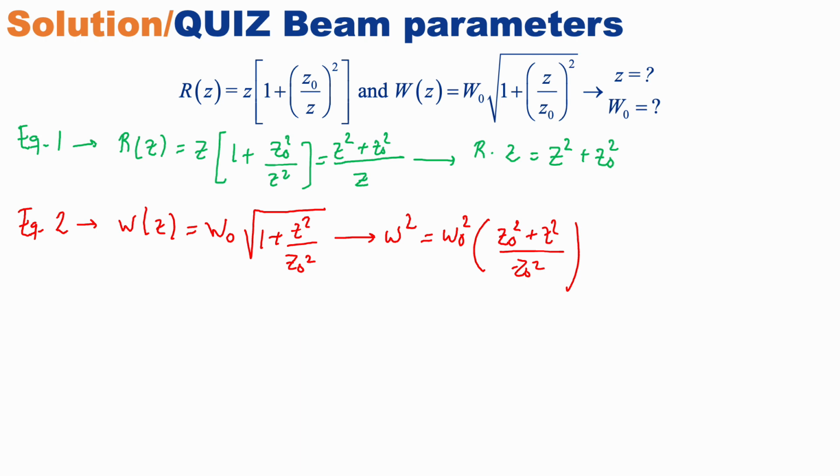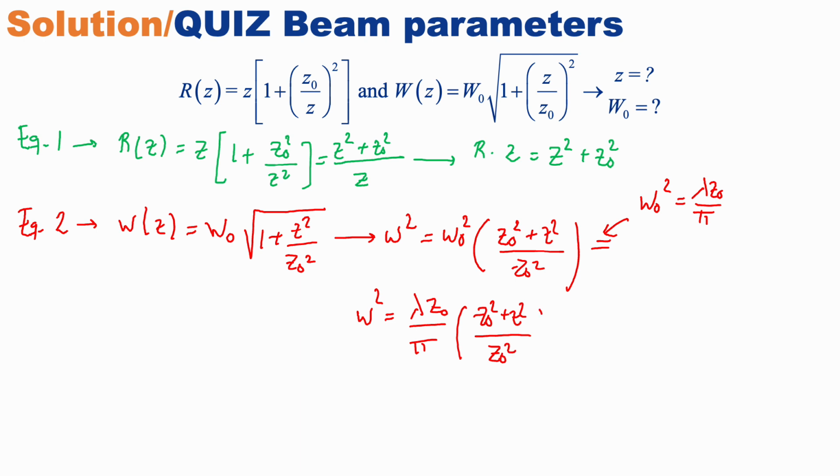And instead of the beam waist squared, we can write lambda C sub 0 over pi. So the beam width squared is equal to lambda C sub 0 over pi times 1 plus C squared over the square of the Rayleigh range.